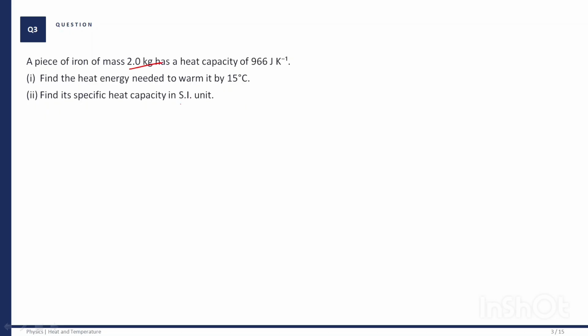Mass in SI system, heat capacity given, and there is a rise in temperature of 15 degrees Celsius. What we need to find? The heat energy, and after that the specific heat capacity in SI system. This is the M. This is C dash. This is delta T, change in temperature.